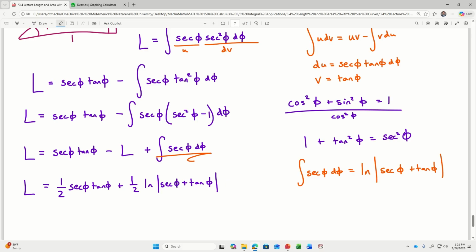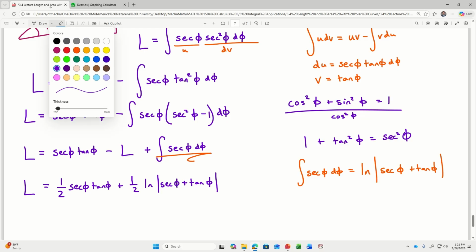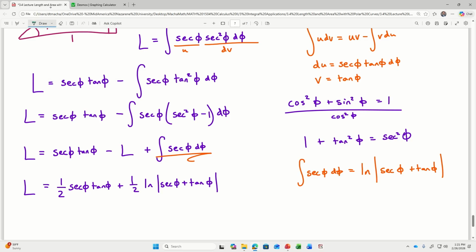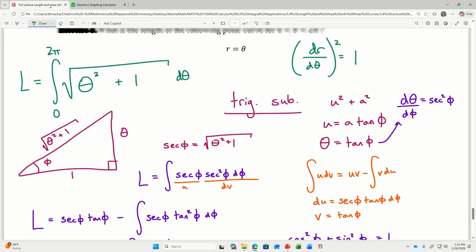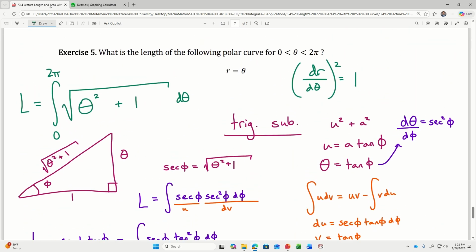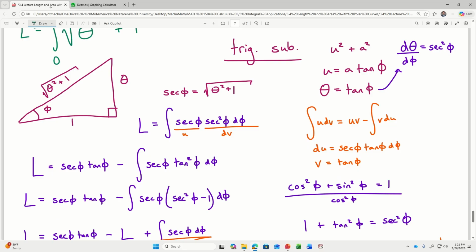And this was actually a definite integral. I mean, that had a lower bound and an upper bound. This wasn't just an antiderivative. So at this point in the problem, we should go back and track down what my lower bound and upper bound were. In terms of theta, 0 and 2 pi were the lower bound and upper bound. But when we converted it from thetas to phis, I have to convert my lower bound and upper bound into phis and not thetas.